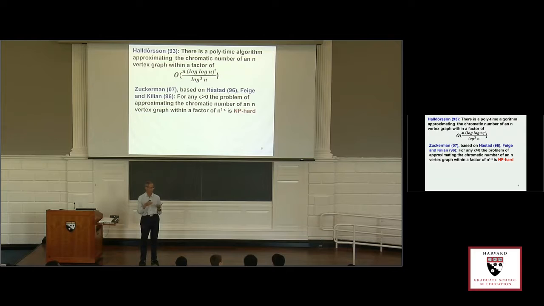So it's hard to distinguish between graphs with chromatic number n to the epsilon and graphs with chromatic number n to the 1 minus epsilon.